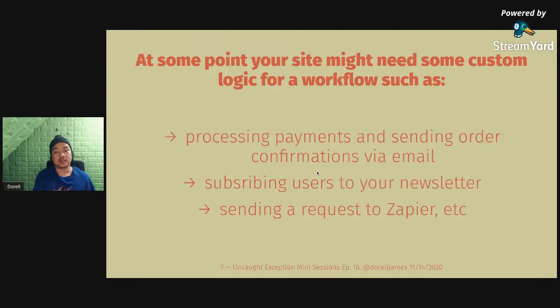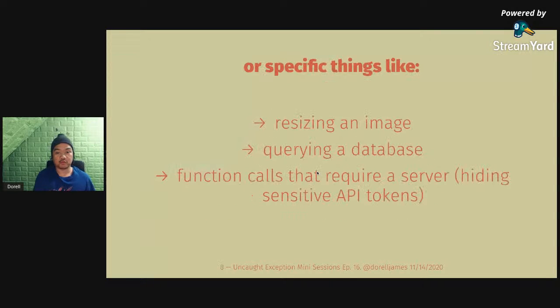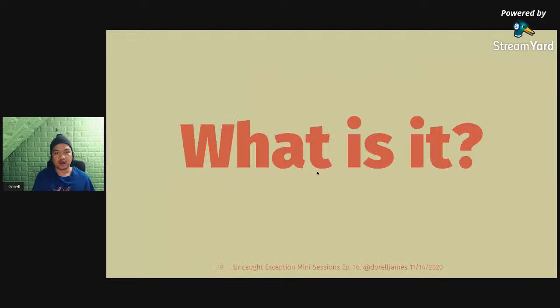Some other examples would be resizing an image, querying a database, or function calls that require a server. This is also when we're hiding sensitive API tokens that we don't want to share in public. That's a very crucial security thing.